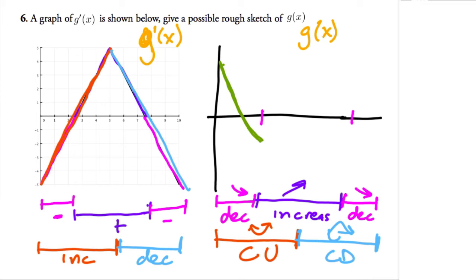And then right here at this spot, it's going to start increasing, but still concave up. But then halfway around here somewhere, it's going to start becoming concave down, or in other words, has an inflection point. And then here, it's going to stop increasing and start decreasing, but still concave down.